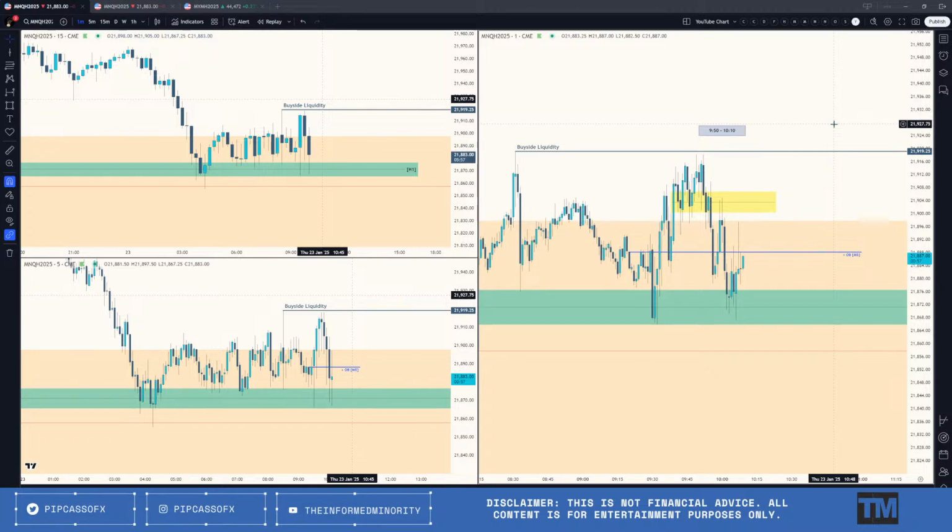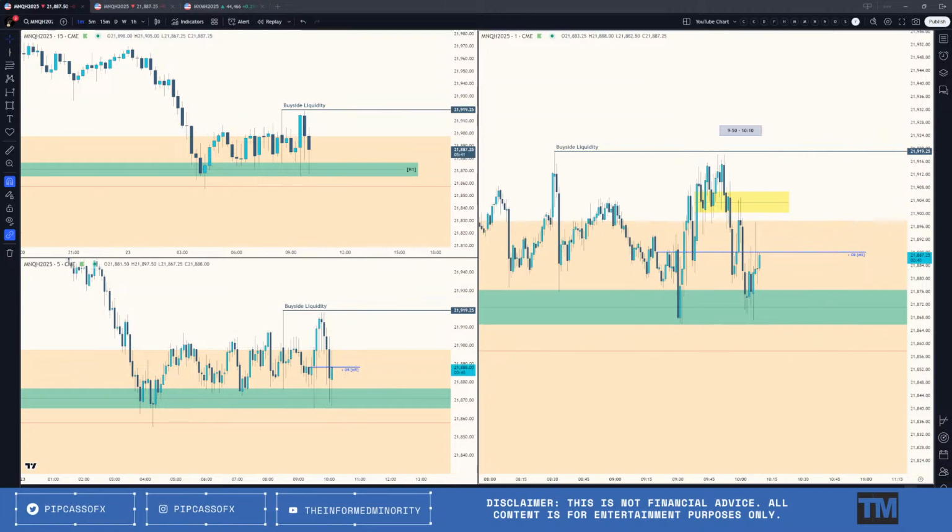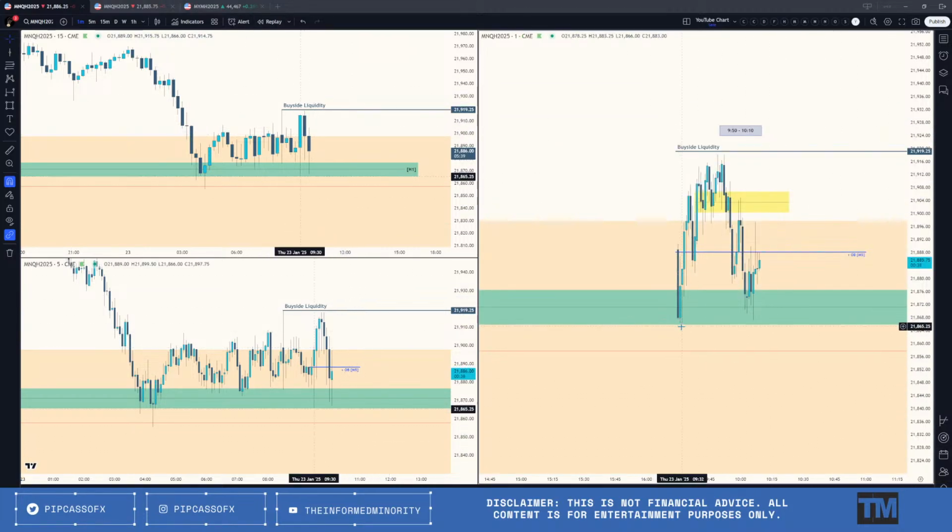When I wake up, I'll check that out. Could see that, especially with this kind of equal low setup, especially if we could indeed trade higher.